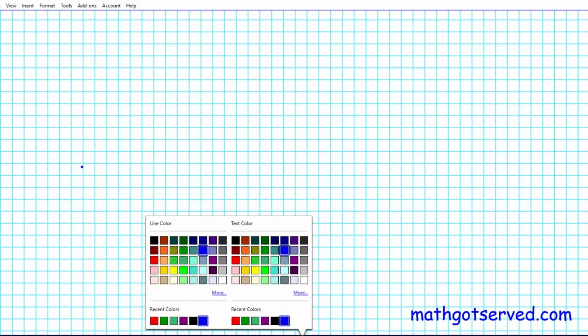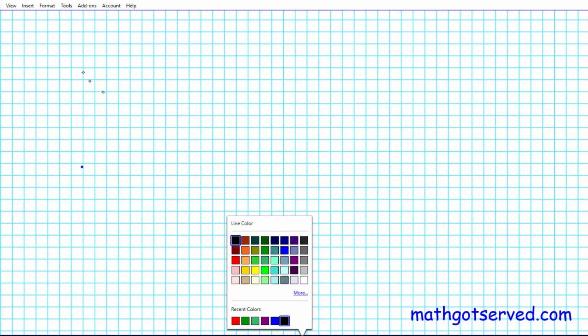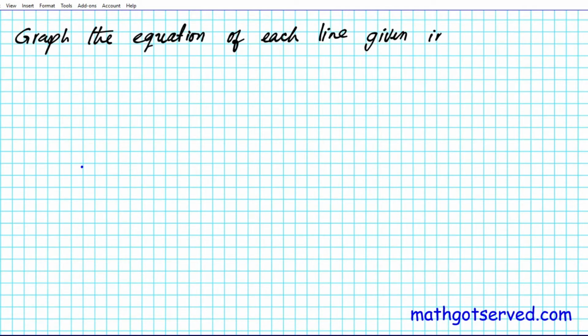Let's take a look at the instructions for the examples that we're going to do. We're going to graph the equation of each line given in slope-intercept form.